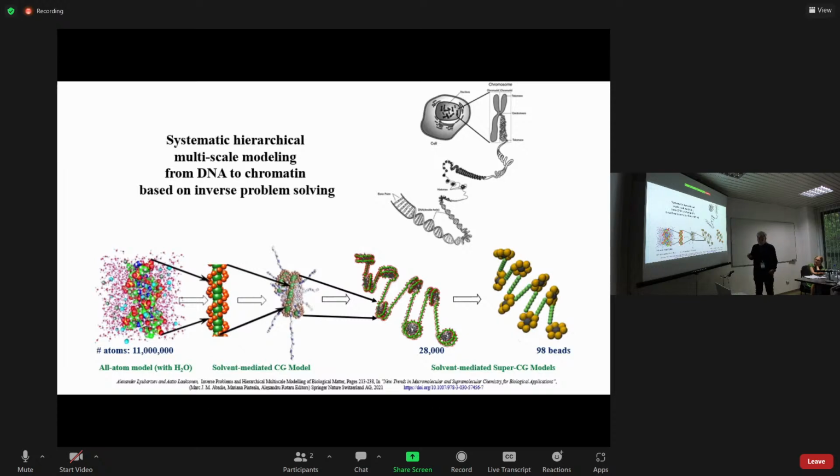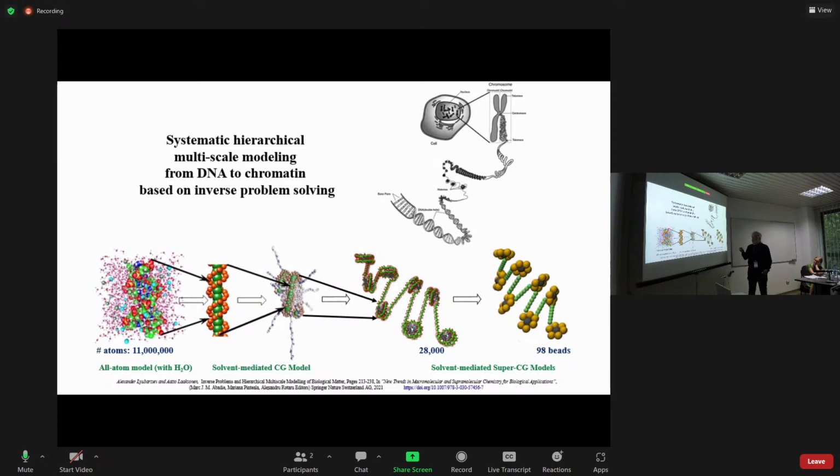We can then use this to create nucleosome core particles. Here actually the interior is made of an elastic network model. And then you successively coarse-grain it and make the system bigger and bigger.